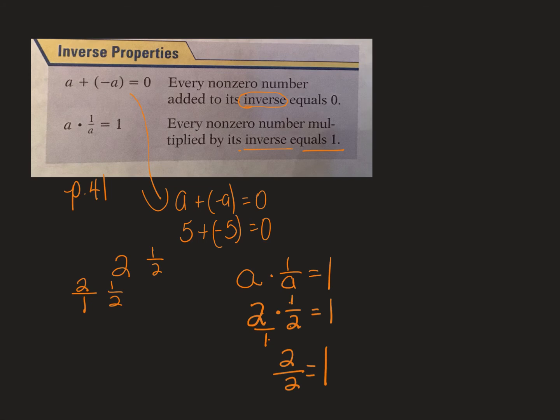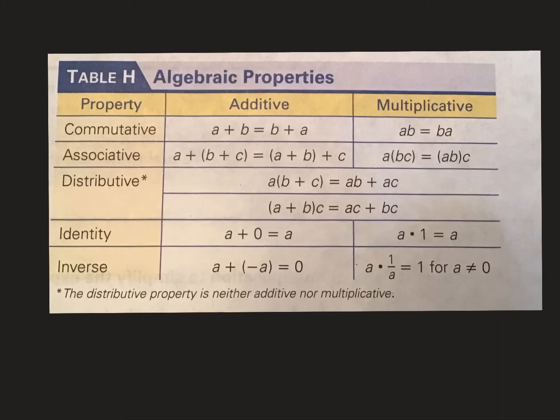All right, let's move on. Let's review. Let's go back to these properties, and then we'll practice a little bit before I give you your assignment. So, again, here are the properties that we had. The first one that we talked about is the commutative property.